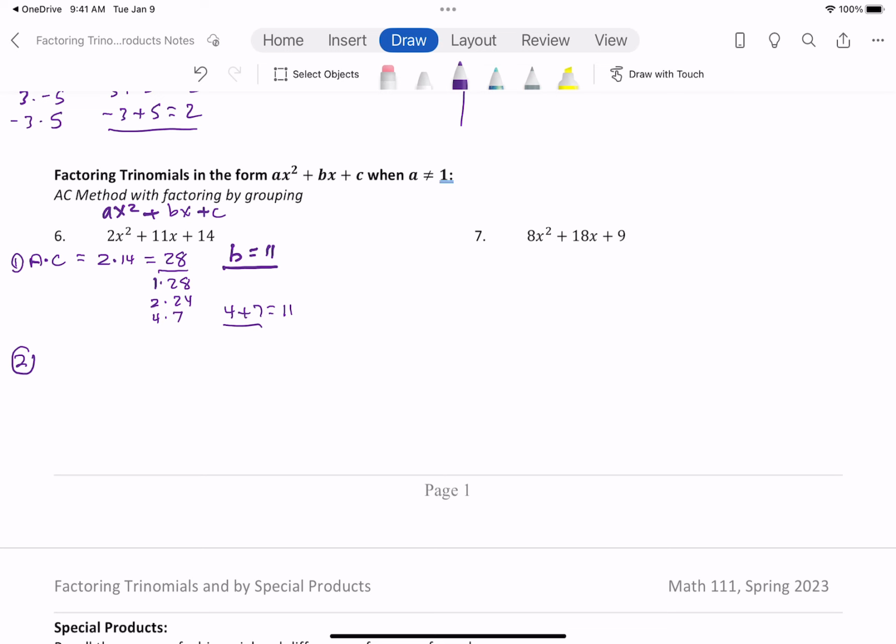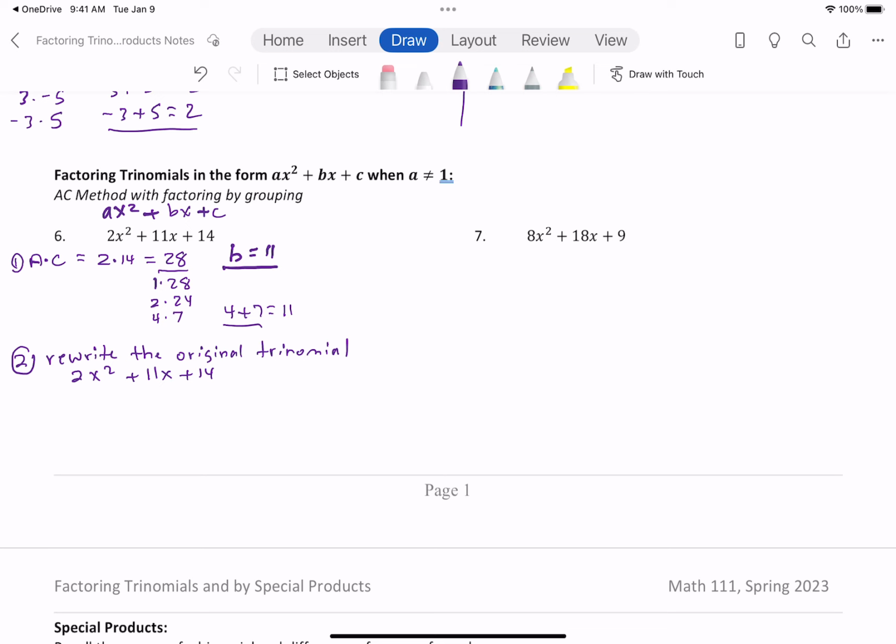is the next thing we're going to do is rewrite the original trinomial using those two factors for b. So the original was 2x squared plus 11x plus 14.